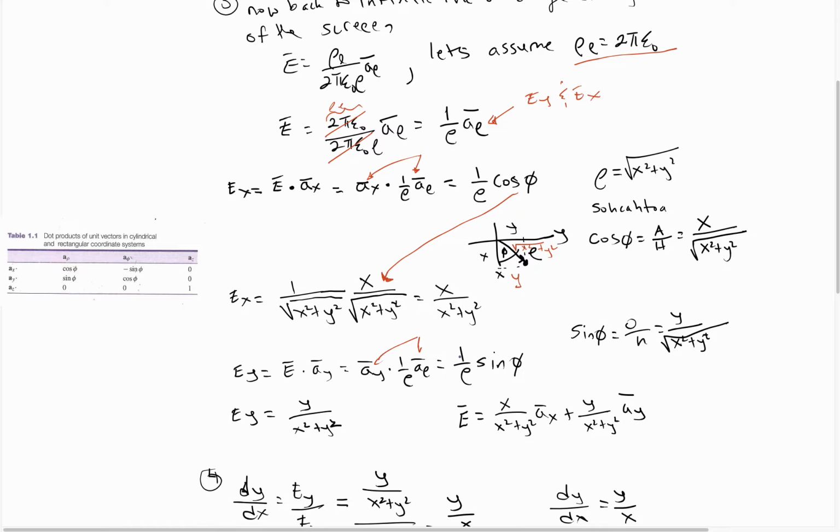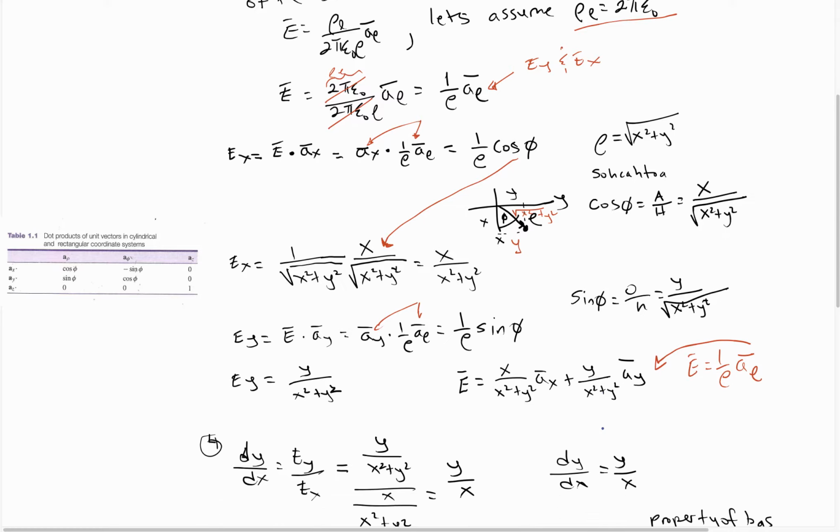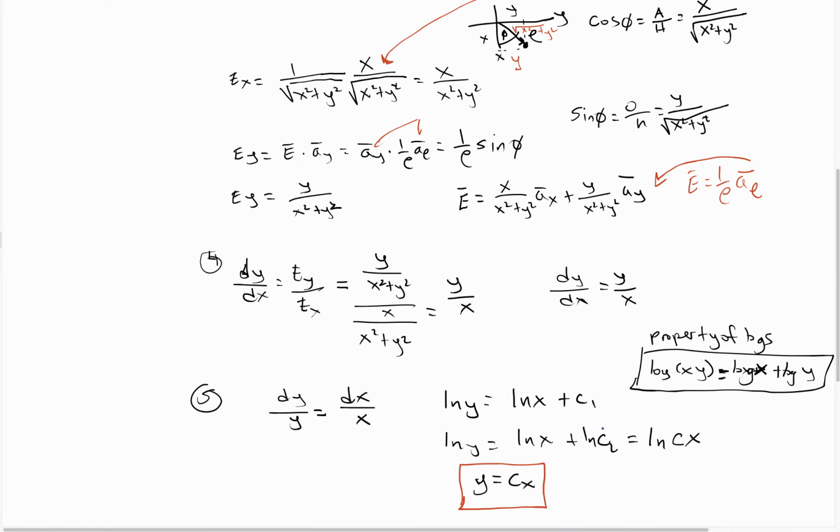So this whole vector, E equals 1 over rho a rho, becomes this here in rectangular coordinates.